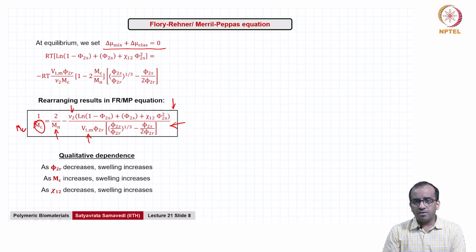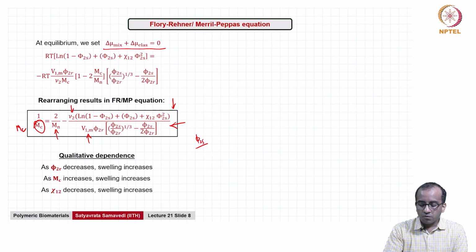This is a very important, powerful equation because MC is a network structural parameter, and this equation relates that to something that you can actually measure experimentally, which is Phi2S over Phi2R.